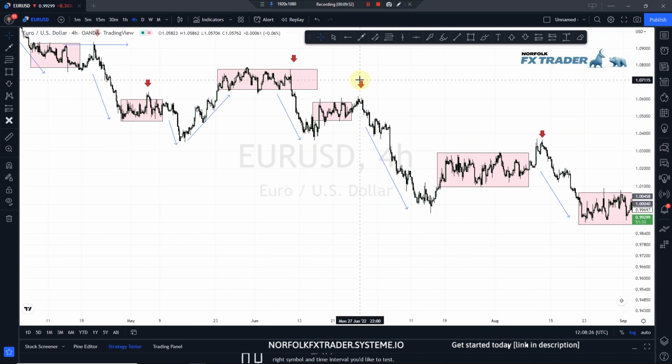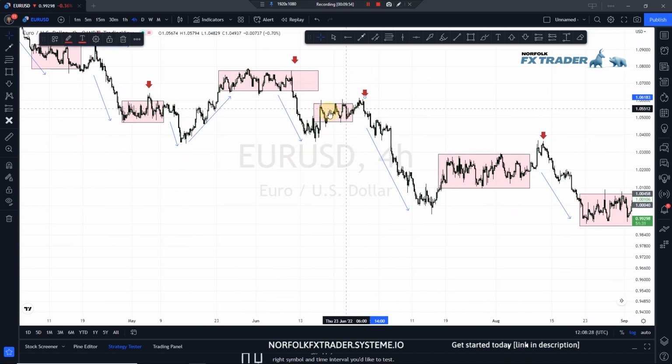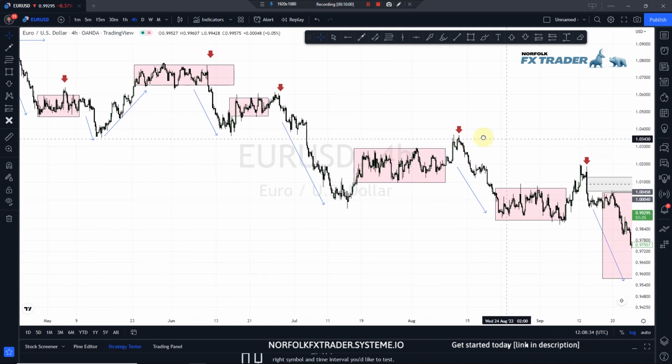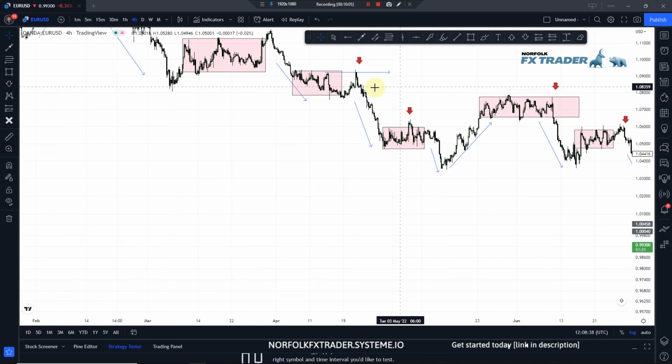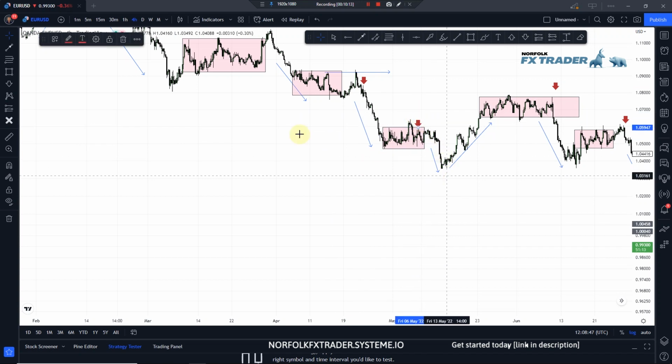You can see this over and over. Like again here, we have the manipulation, slope, lower high, continuation, lower high, continuation, lower high, continuation. Once you see this, then again the market, you can say, is a lower high here, continuation, lower high, continuation.